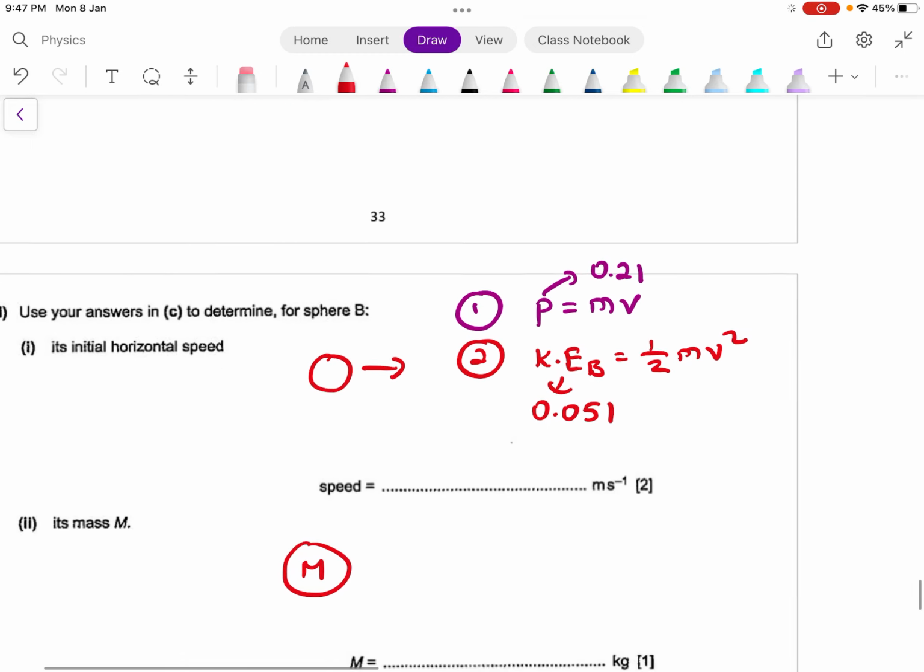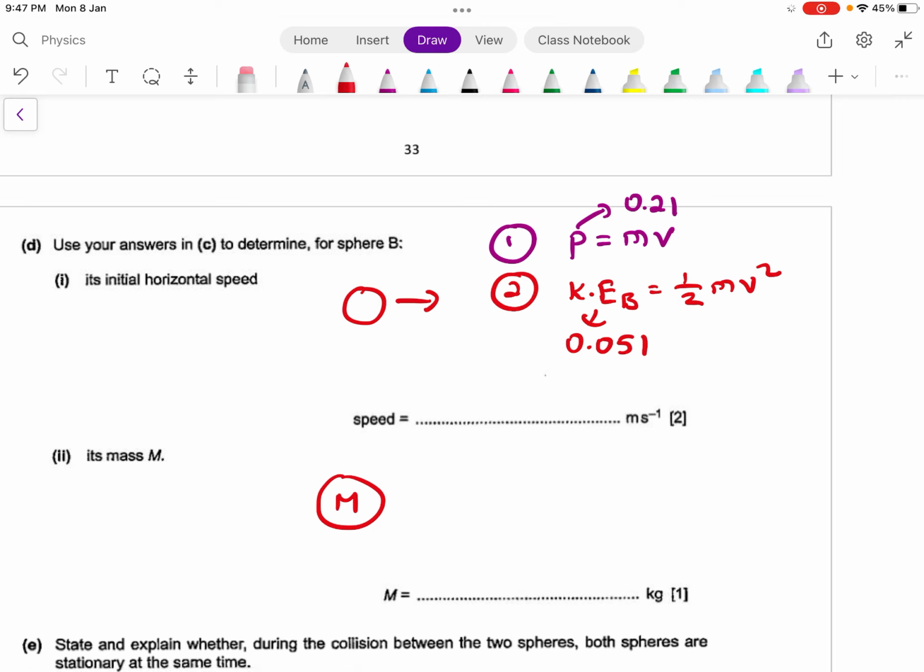So how do I actually determine my speed? I can use a bit of a shortcut. For example, kinetic energy I can equate to the momentum: P squared over 2m. This is a very useful formula, I can relate kinetic energy with momentum. So kinetic energy will be 0.051, then P squared, I can put 0.21 squared. Of course I calculate the mass first.